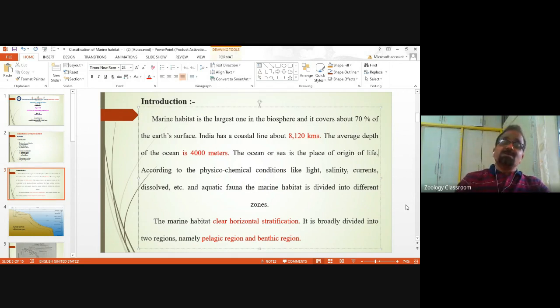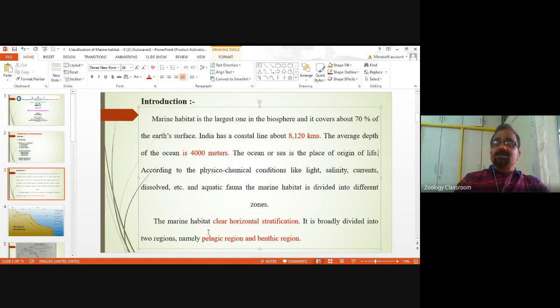On the basis of physico-chemical conditions, that is light, salinity, currents, waves, dissolved salts, etc., and the aquatic fauna, the marine habitat is further divided into different zones.